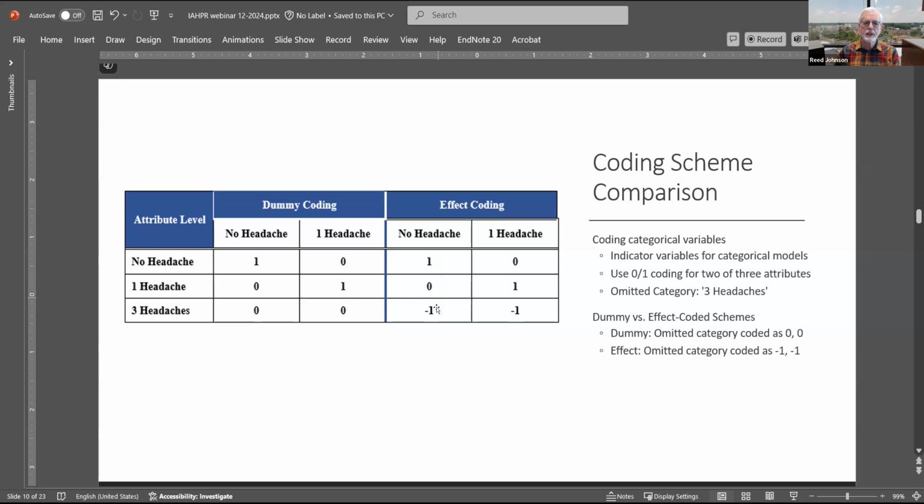In any case, if you sum these in each column, it will always sum to 0. So you can recover it. If you have 1, 0 and 0, 1, the omitted category is coded as -1. That is, it's minus the sum of the other 2 levels. And if it's minus the sum of those other 2 levels, it's going to sum to 0. We'll show you in a minute what the advantages are of effect coding.